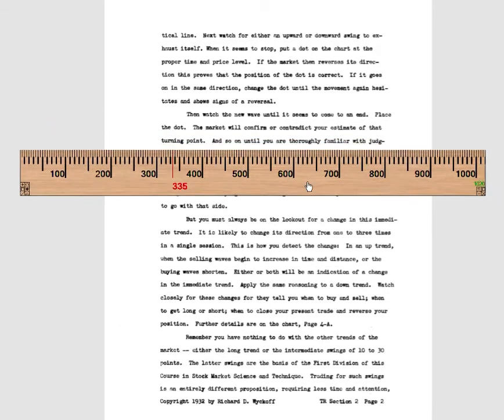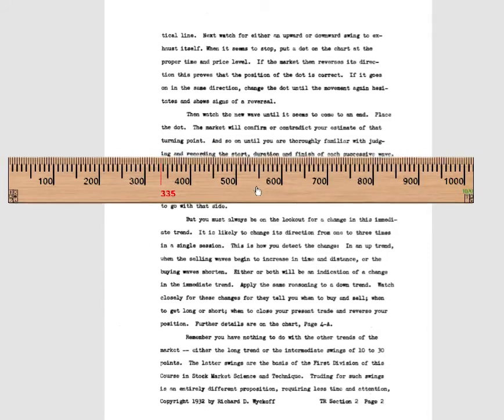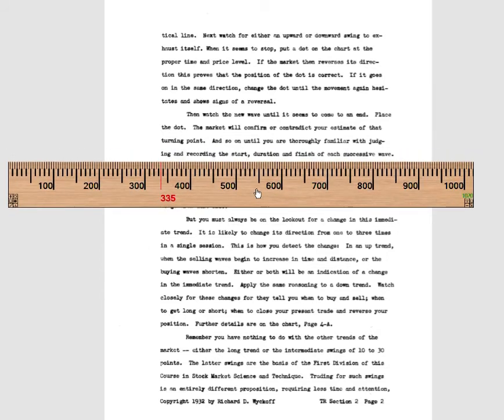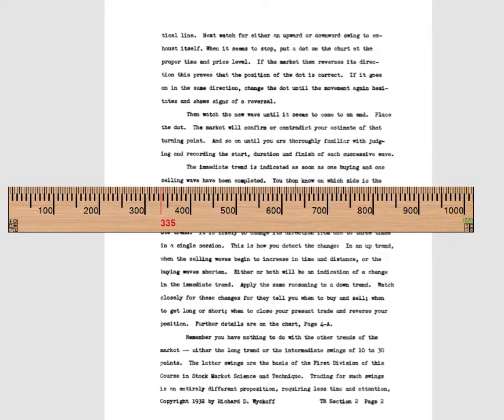The market will confirm or contradict your estimate of that turning point, until you're thoroughly familiar with judging and recording the start and end of the waves. The immediate trend is indicated. When is the immediate trend indicated? We just talked about the immediate trend. All you need is one up wave and one down wave completed.